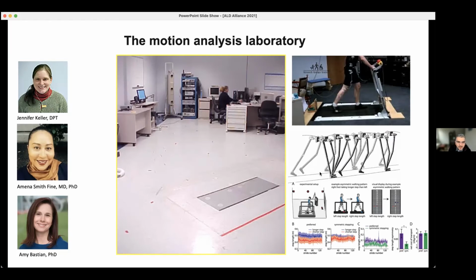But this is what a motion analysis lab looks like. There are several of these labs in various academic institutions, and it's basically a group of people who really quantitate how we walk, how strong we are, how we sense things, using quite advanced robotic technology and a lot of machine learning tools to analyze how we do things in motion.